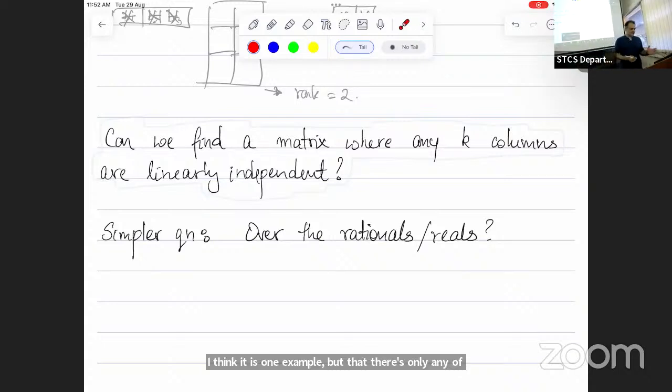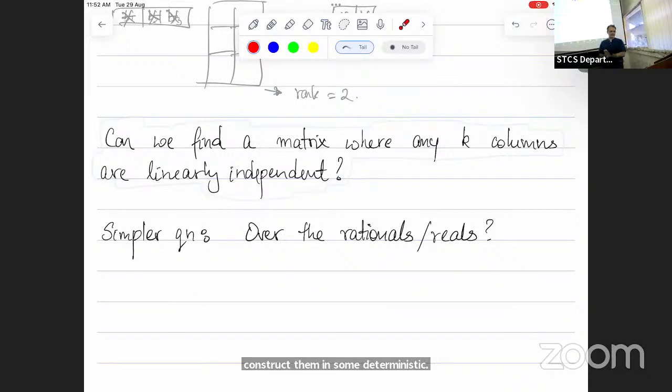One of the questions was, can I randomly just choose a matrix? That would also work. In fact, a random choice of a matrix would satisfy this property, and therefore a random function will be a k-wise independent hash function. So this tells you that these hash families are pseudo-random. But we are trying to construct them in some deterministic fashion. We are trying to find an explicit set of functions that have this property.